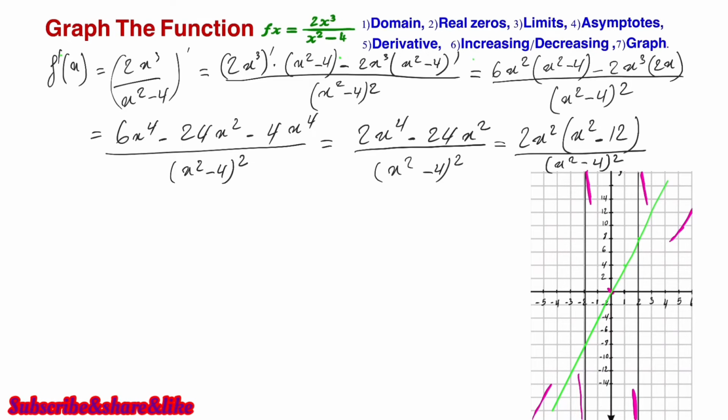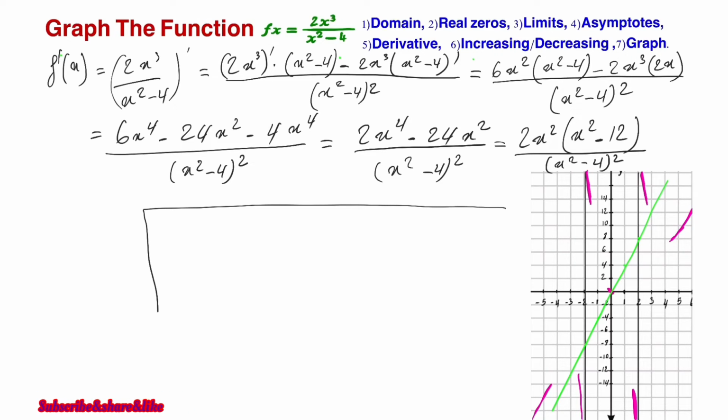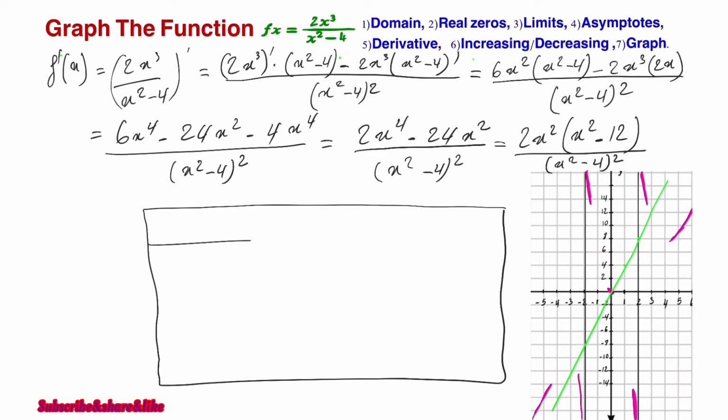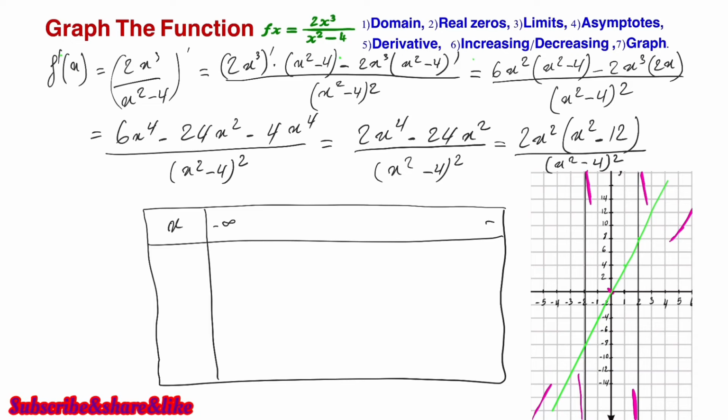So it's better we do a table like this, maybe a table close here, to see how this function is acting. We put here x, we have infinity and minus infinity, and we put all the numbers we have.